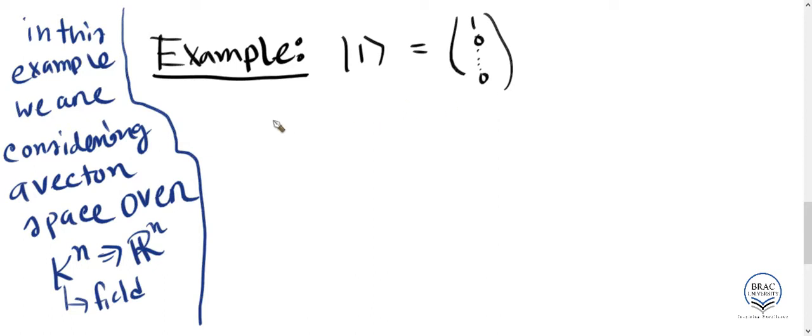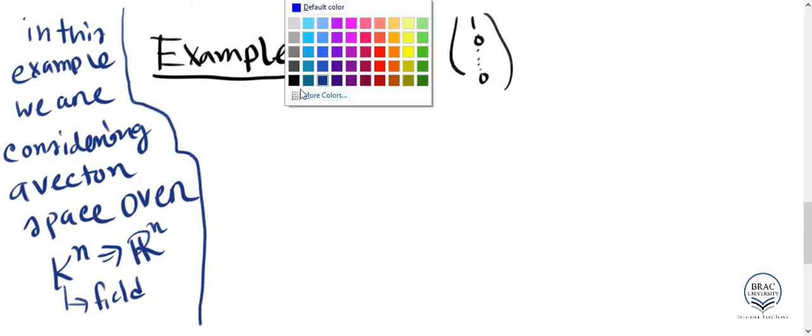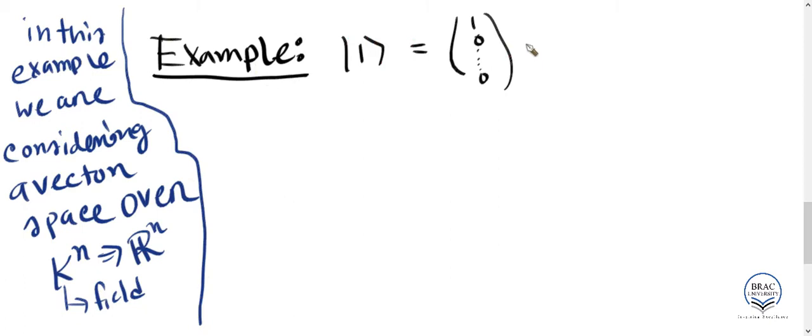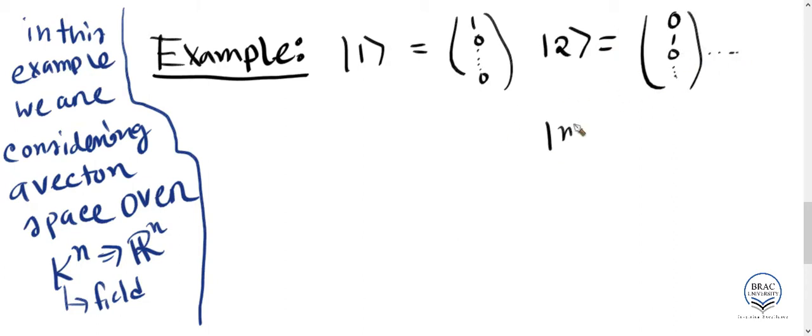So v1 is like this, and then v2 will be given by 0 1 0 dot dot dot, and similarly the nth vector will be given by, this is the last one, there is a 1 in the last entry.